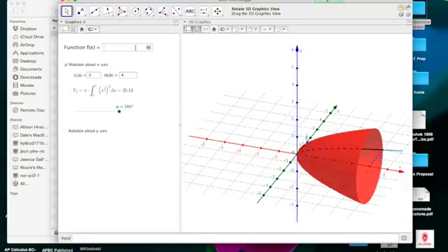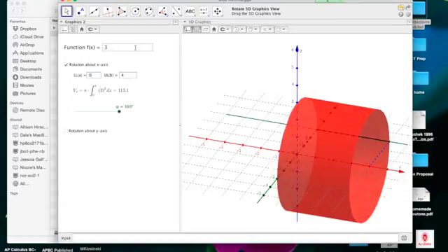So if I just type in a 3 here, and I think I have to hit tab. There we go. If I just type in a 3 here, now I have that outside surface. I don't think I can control it through the smart board. I have to control it through my computer.